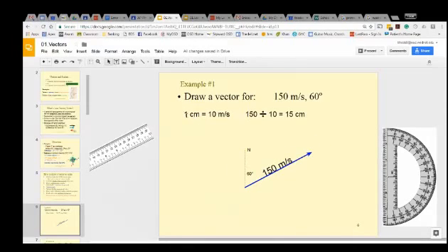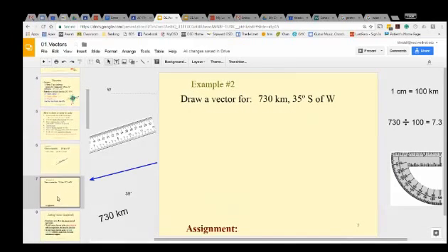Make sure that you show the scale. You can show the calculation if it's complicated. This one was pretty simple, but it's easy to show. And then, of course, I'm labeling it with the given 150 meters per second and the 60 degrees. Not too bad, right? We'll do another example.